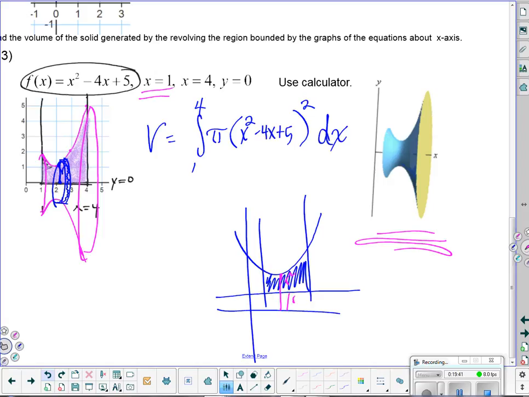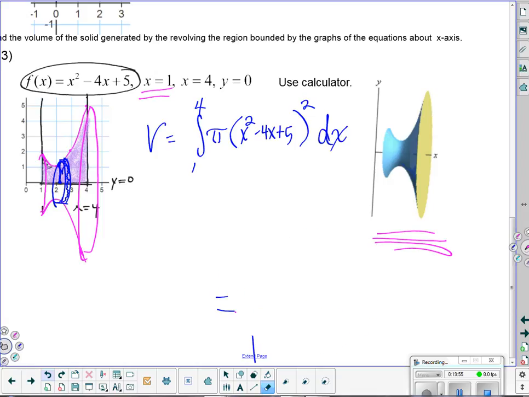We'll get a big R squared and little r squared, so that we can subtract out the inner volume. So I have large volume minus inner volume. We also can shift the axis of rotation. So this is by far the easiest one that we do, and then we'll start moving things around. Tomorrow we'll go about y's, and then everything's got to be shifted into y, x equals y equations.